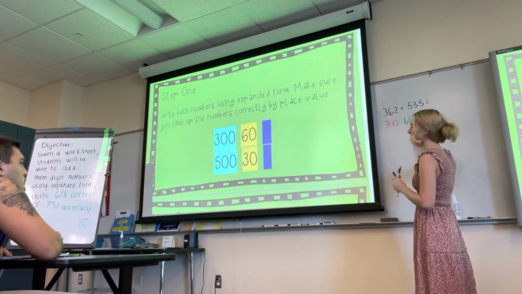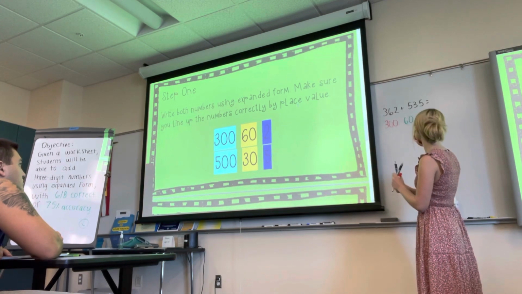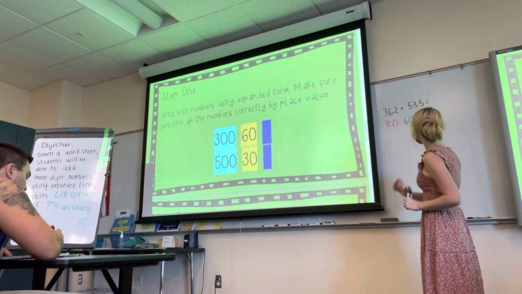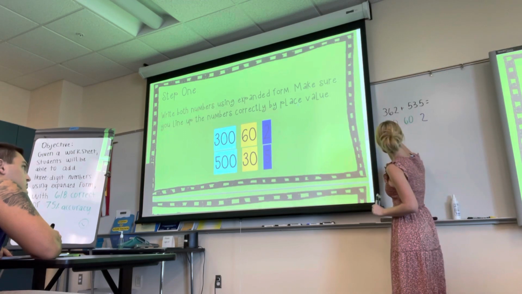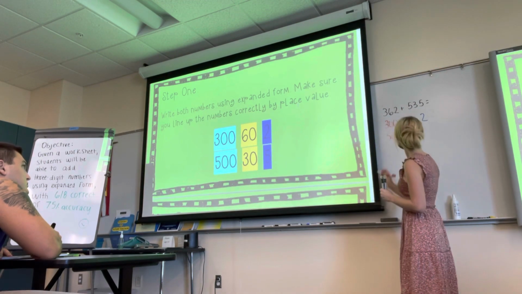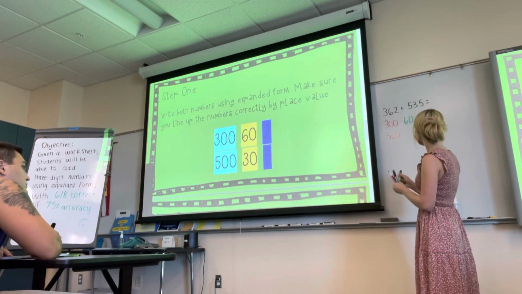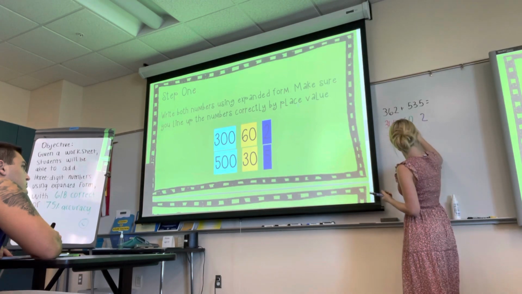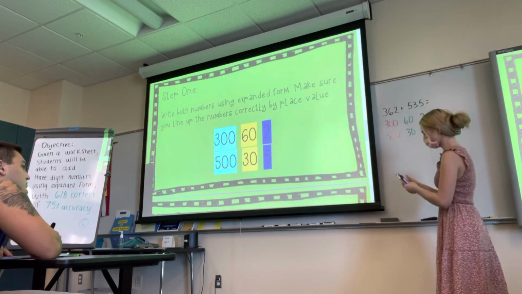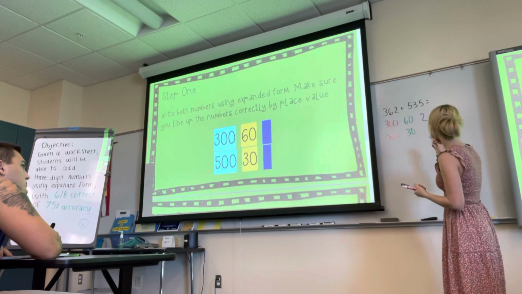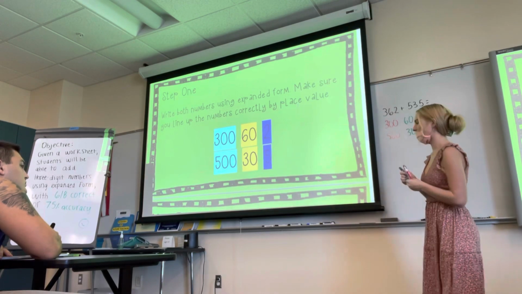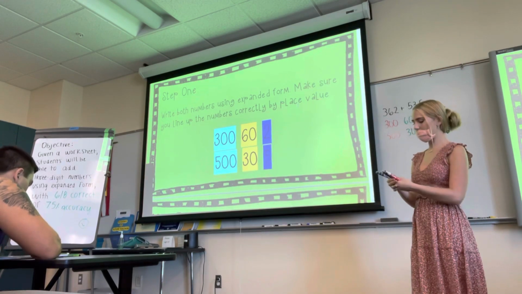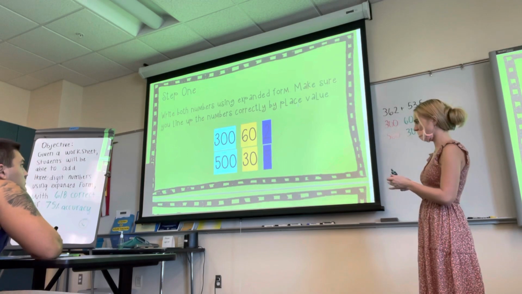Now, you want to leave a little space when you're writing these numbers in expanded form. 535. Hundreds, we have 500. The tens, we have 30. And in the ones place, we have 5. That is our first step, writing both numbers in their expanded form.